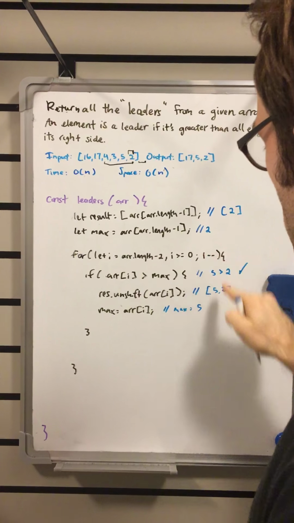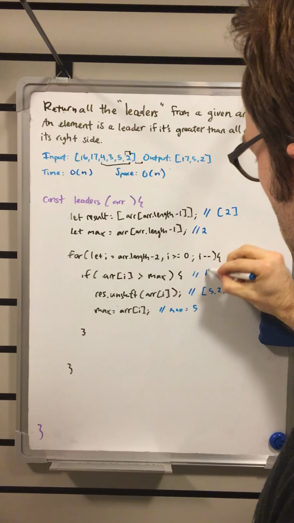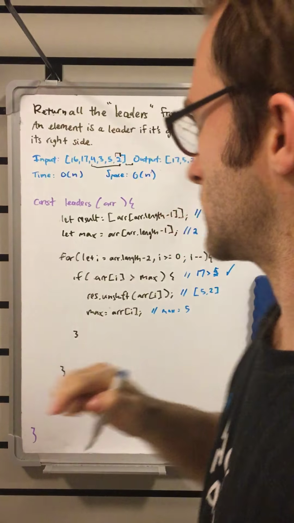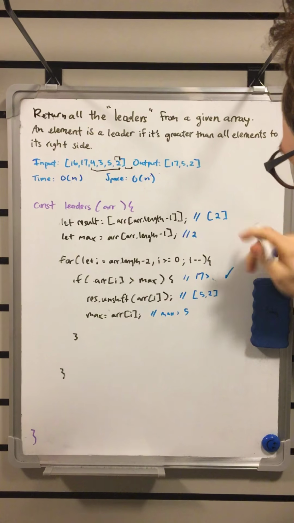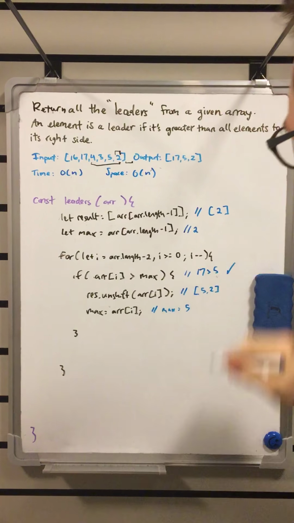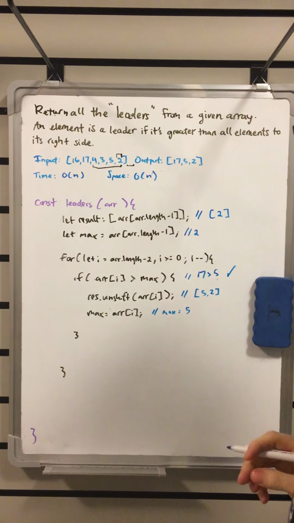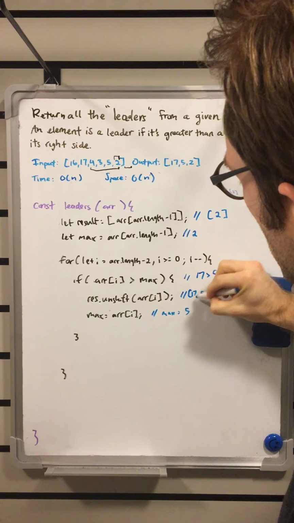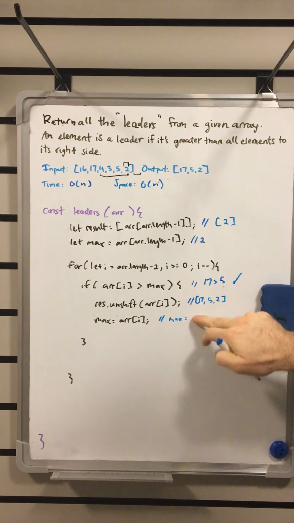So we'll take 17 and ask, is it greater than 5? It is, so then we will unshift it into the array. So we'll have 17, 5, and 2.